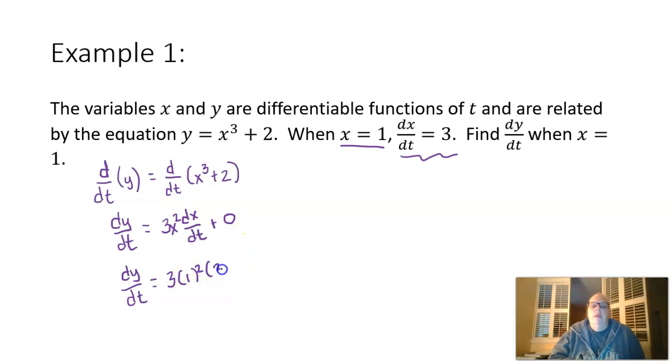So we're going to be multiplying this by 3, and of course we can add that 0 back here, but we really don't need to. And then we put all that into the calculator. 3 times 1 squared times 3 plus 0, that's just going to be 9. That means that the derivative of y with respect to t is going to be 9 when x is equal to 1. This is what we were looking for.